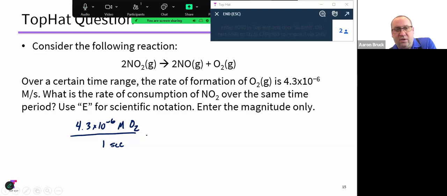And so the easiest way to do that would be if I look at this as converting oxygen into nitrogen dioxide. I know that for every oxygen, I would get 2 nitrogen dioxides.